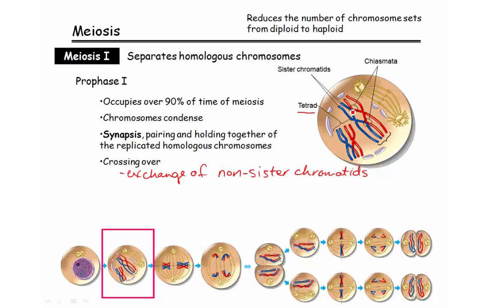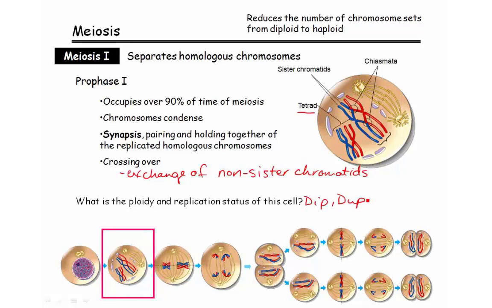Now, this crossing over process takes quite a bit of time, which is really why we have such a high percentage of our time spent in prophase 1. Now, as far as the ploidy and replication status, this cell is still going to be similar to the G2 cell. So in this case, we've got a diploid cell and the chromosomes are duplicated.